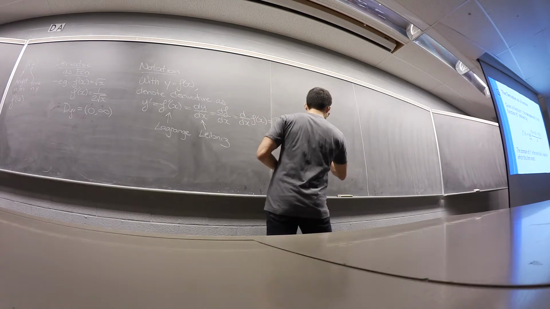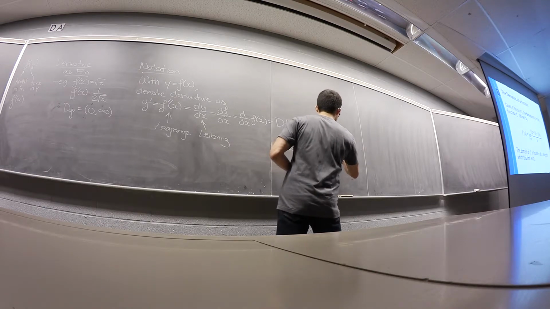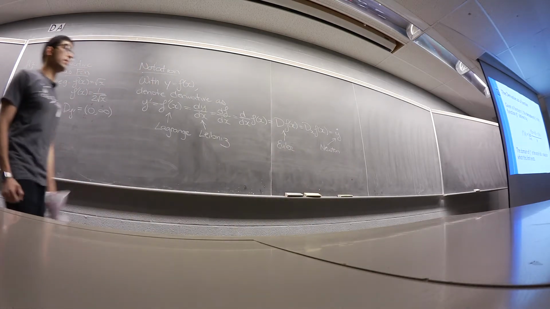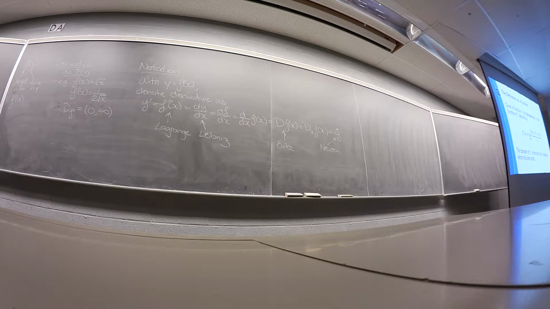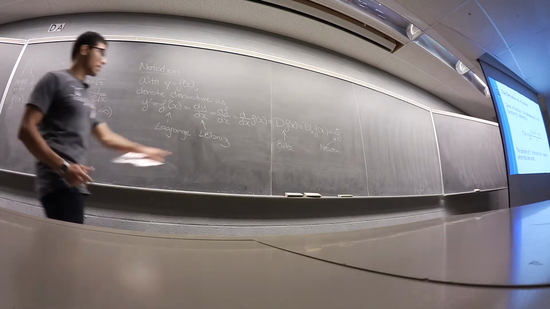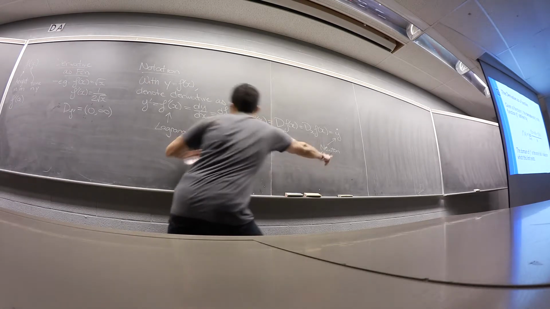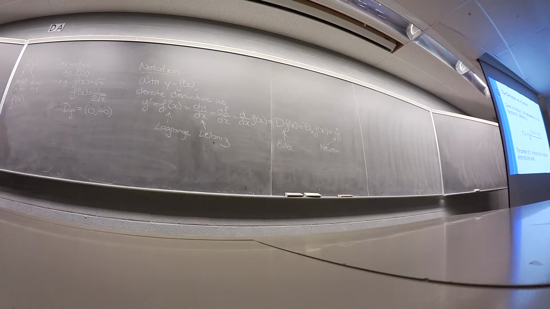And this is called Newton notation, especially when you're differentiating with respect to time. And there was a fight involving that guy and that guy about who invented calculus first in the late 1600s.